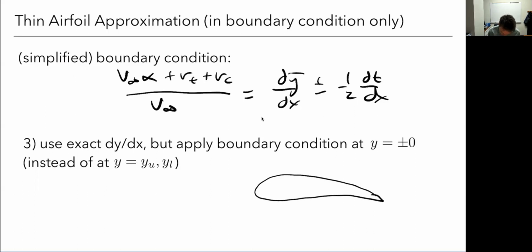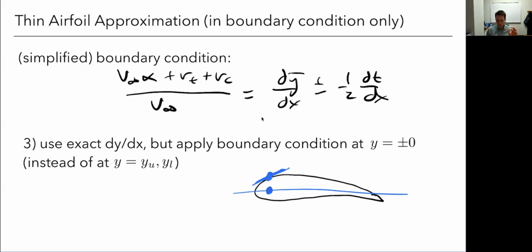Here is my slope at some point, and here's the chord line, which I totally didn't hit the trailing edge, but let's pretend I did. I'm going to use the exact slope, but I'm not going to compute the velocities at that point. I'm going to compute the velocities at the chord line. So I'm going to do all my integrals along the chord line. I will use the correct slope, but I will project it down to the chord line.